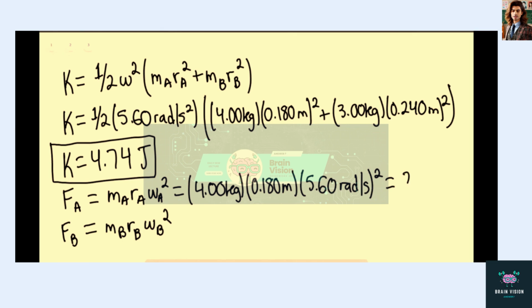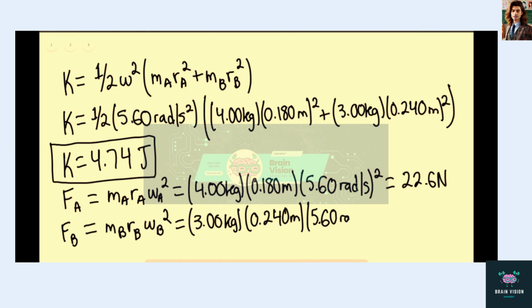This is equaling 22.6 newtons. For mass B, 3.00 kilograms multiplied by 0.24 meters multiplied by 5.60 radians per second quantity squared. This is equaling, again, 22.6 newtons.